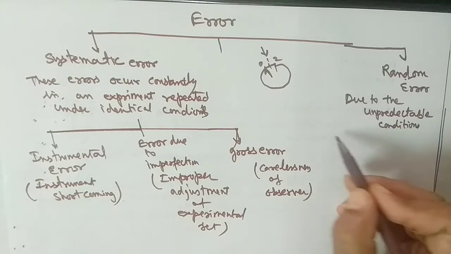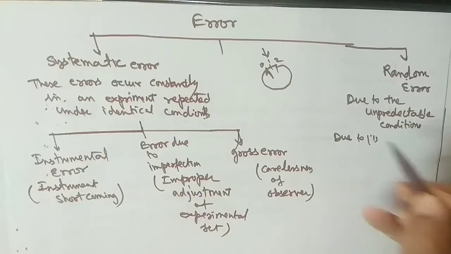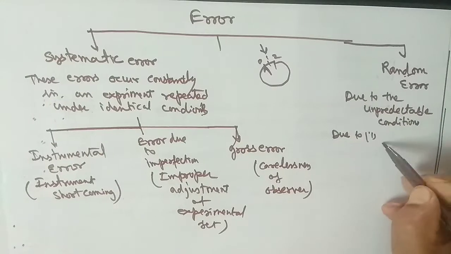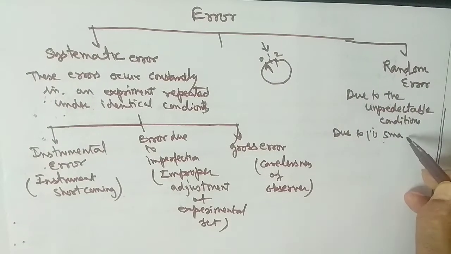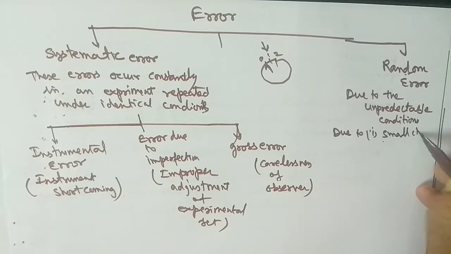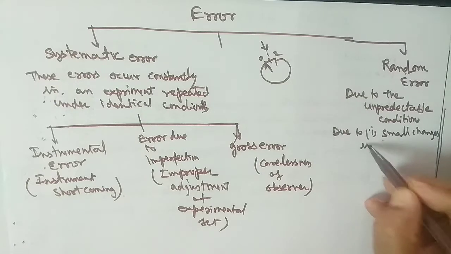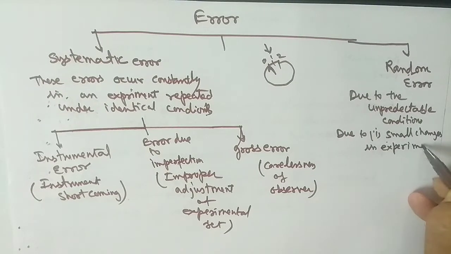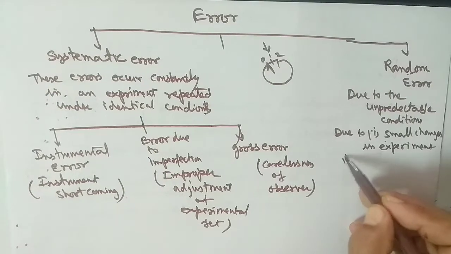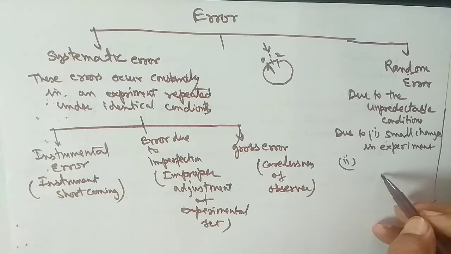So what are the reasons? The first possible reason is small changes in the conditions of the experiment. And the second possible reason of the random error is incorrect judgment of the observer.